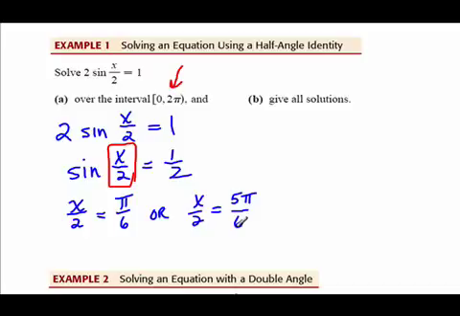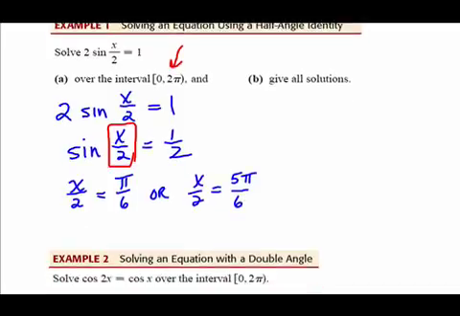So let's cross multiply and solve. When we cross multiply, we get 6x equals 2 pi, or 6x equals 10 pi, and then we'll divide both sides by 6.